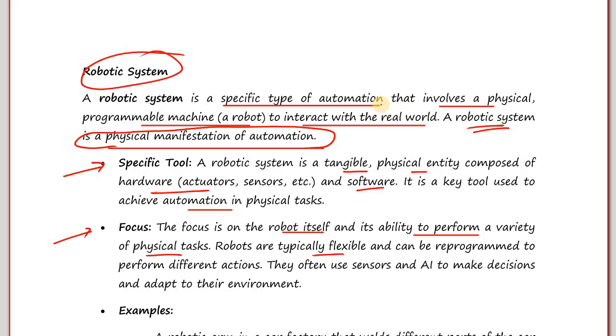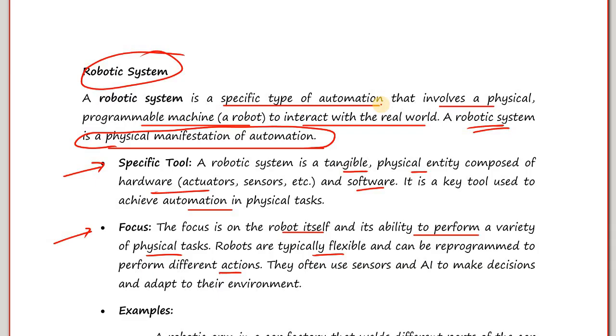Robots are typically flexible, and you see, they can be reprogrammed to perform different actions. So, the same robot, if we reprogram, okay, it can be used to do a different job, but the robot must be capable of doing the different job.